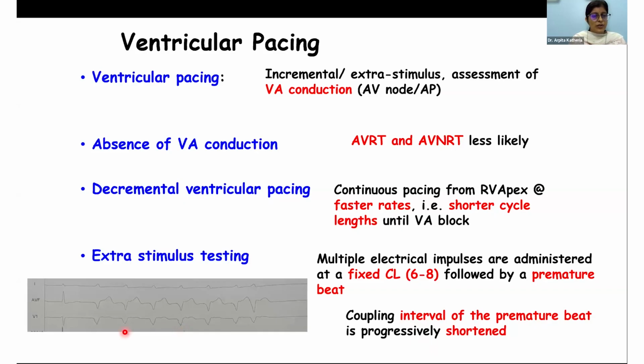So this is an example of a drive train. Here we can see S1 is say 500 milliseconds. We are delivering 6 impulses at this, followed by an impulse which is say 350 milliseconds, which is faster than the drive train. So this is the drive train of 6 impulses followed by an extra stimulus.